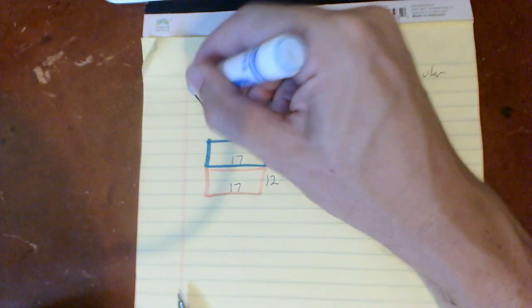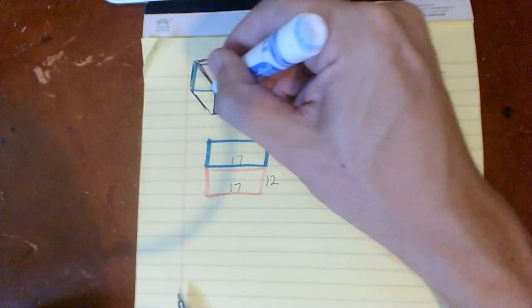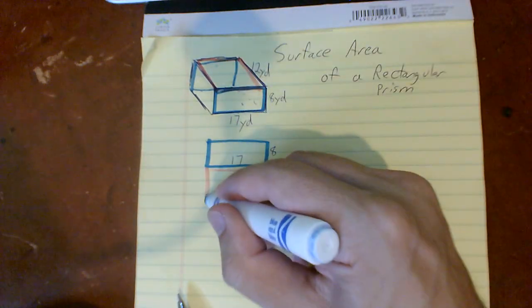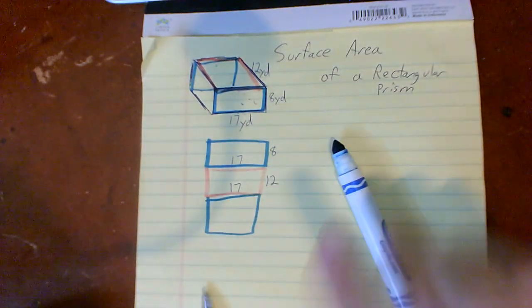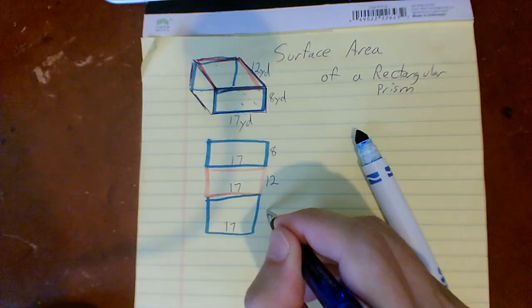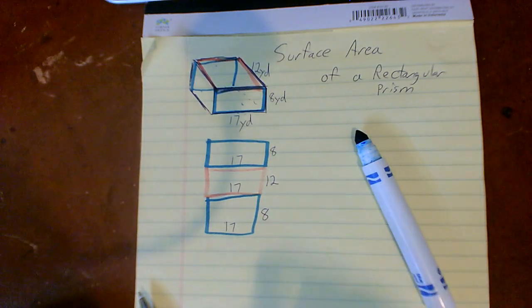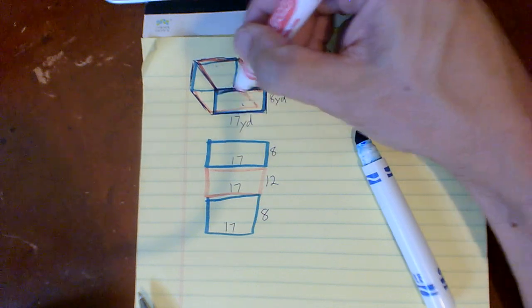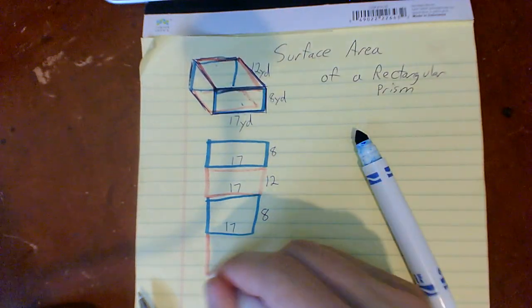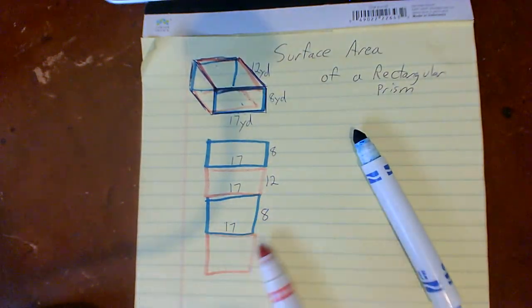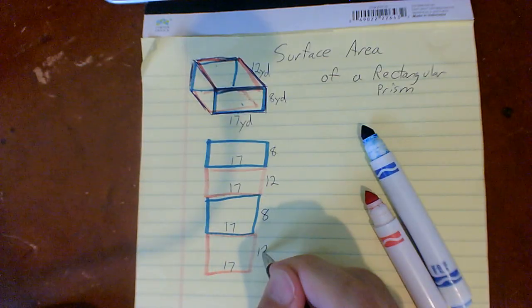And then the back, a little bit tougher to visualize, but the back is the same as the front. So it's 17 by 8. And then I've got the bottom. Bottom is the same as the top. So we've got another 17 by 12.